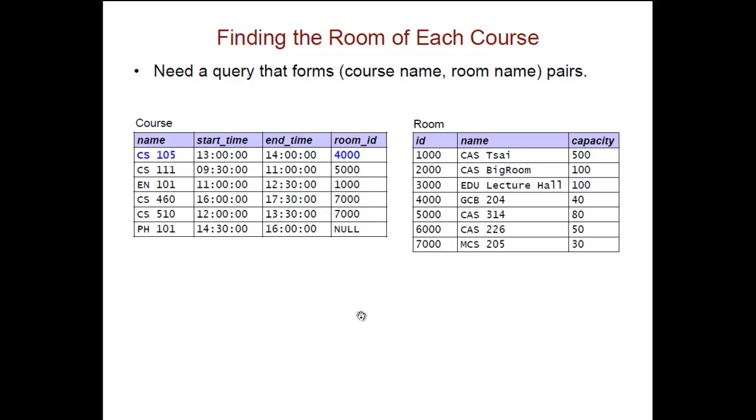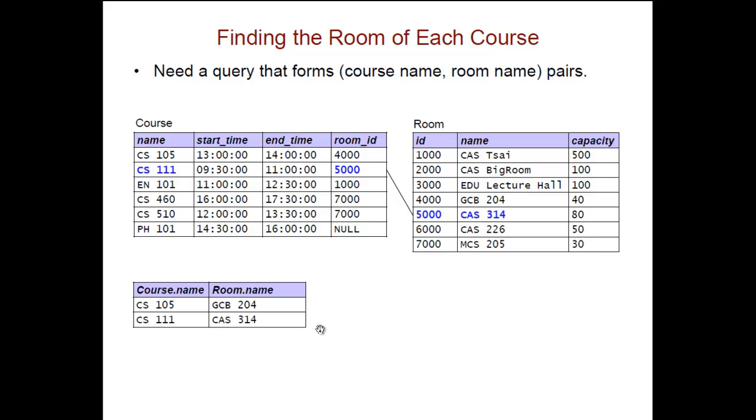So if a course does have a room, so for example CS105, its room ID is 4000, and if we go over here that means that it meets in GCB 204. So that row should be in the result of the query, along with a row for every course that does have a room. So CS111, room ID 5000, that means it meets in CAS 314, etc. Right?